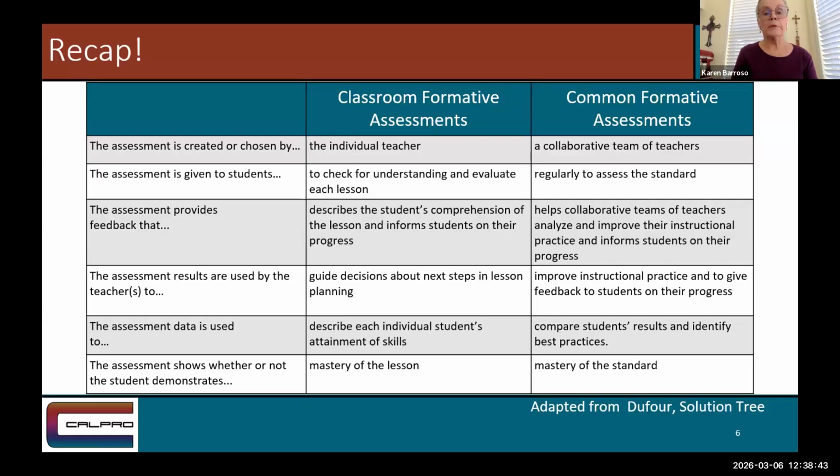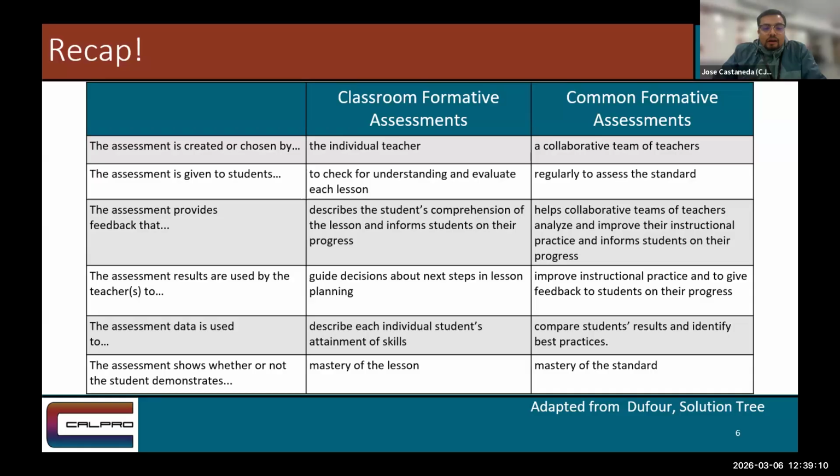Okay, the assessment results are used by the teacher to do what? Guide decisions about next steps in lesson planning. Mm-hmm. And common, improve instructional practice and to give feedback to students on their practice. All right. And the next, please. The assessment data is used to do what?